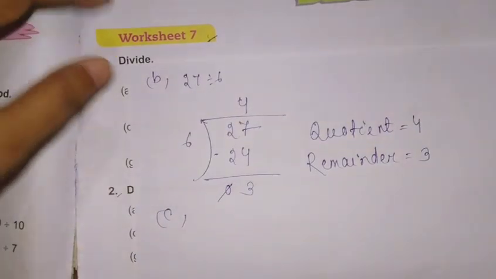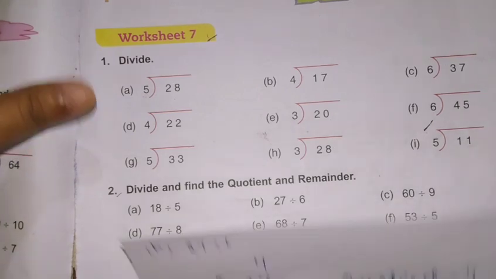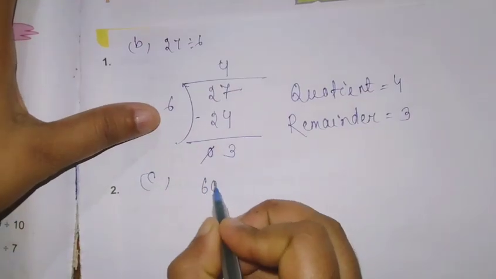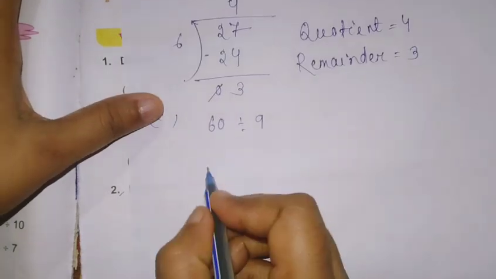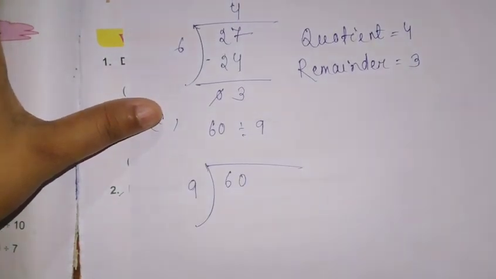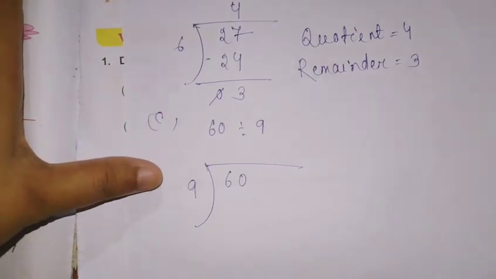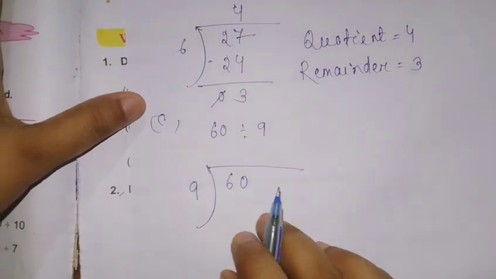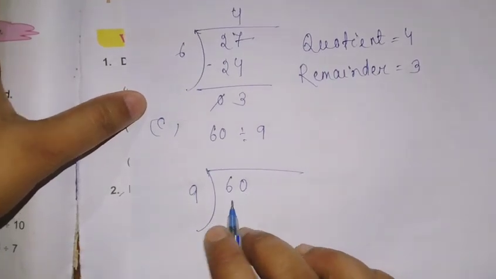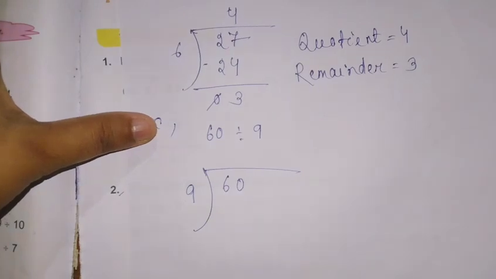Now solve another point C. 60 divided by 9. First, we recite the multiplication table of 9 till you get 60. 60 will not get in the multiplication table of 9.